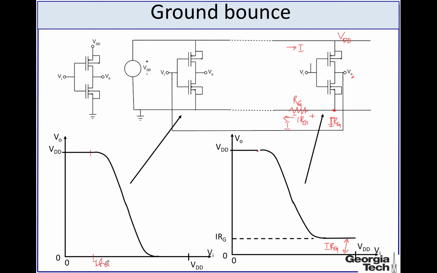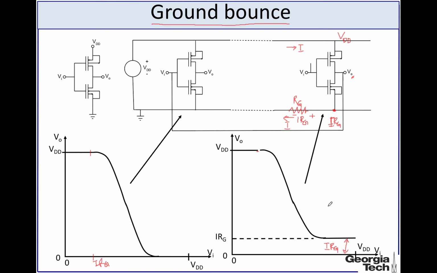So this is one origin of noise in the power supply voltage, noise in the inverter. The fact that the output of this inverter is not 0, rather a certain positive value, is called the ground bounce phenomena, because the ground, rather than being at 0, is at a non-zero value.